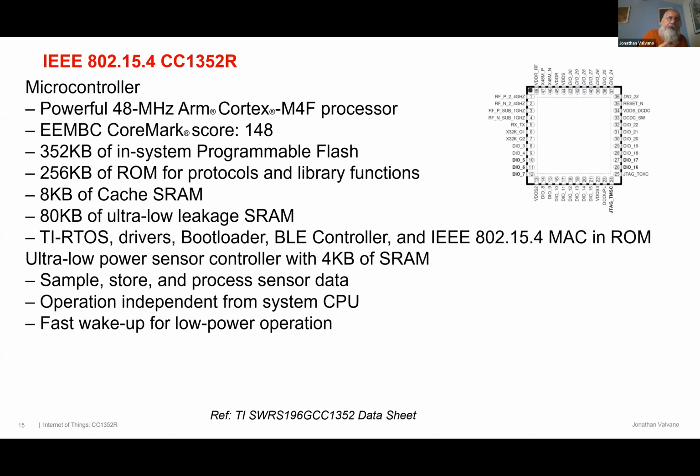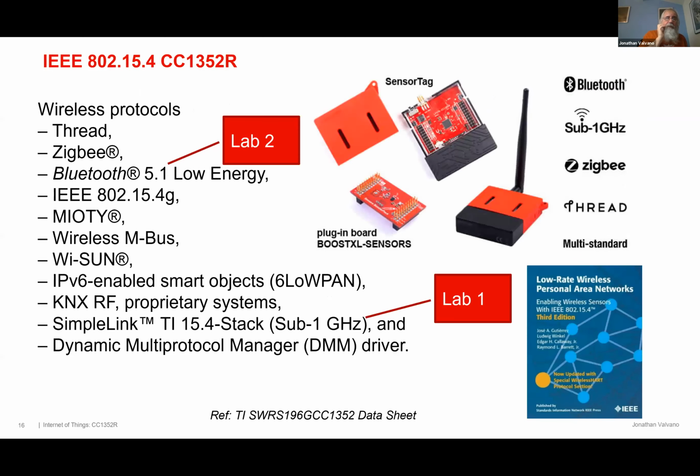It has a second processor, and we'll show it, that controls the sensors. And it has a third processor for the radio, okay? Now, we're not going to do all of these, but we are doing 802.15.4.